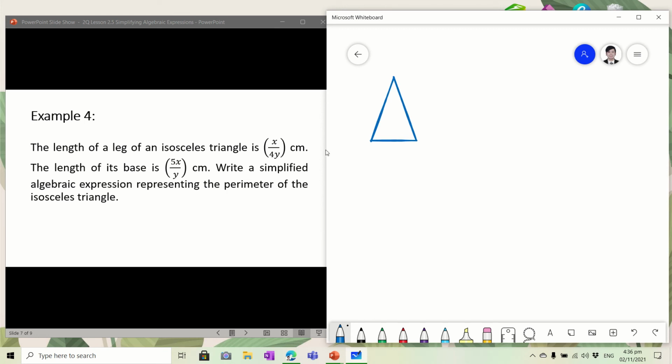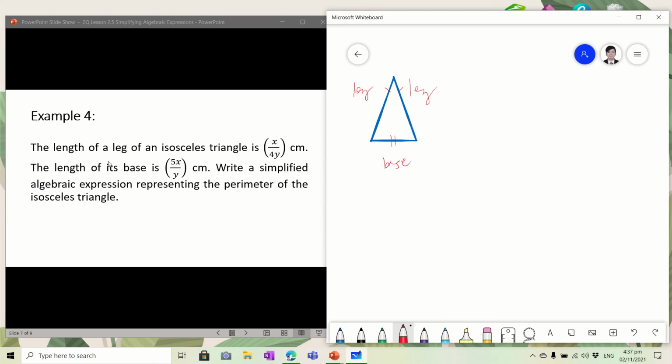So isosceles should have at least two equal sides. Those are what we call the legs. So again, the legs are equal. And then you have the base, which is here, with a different length.